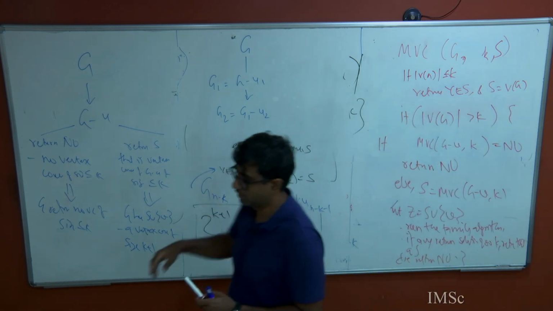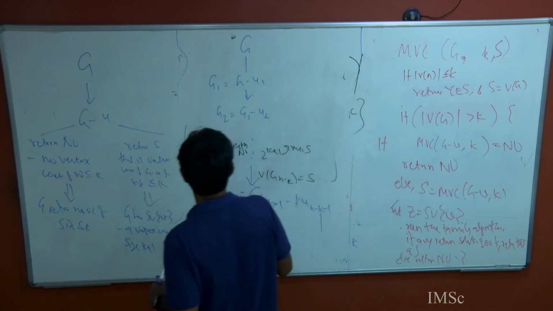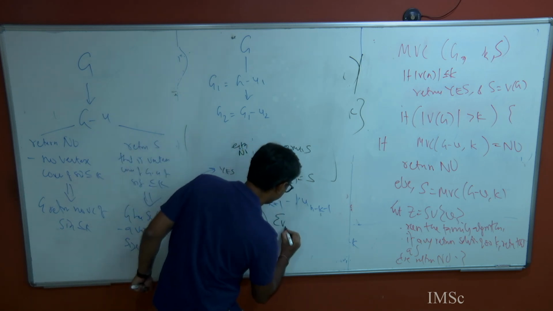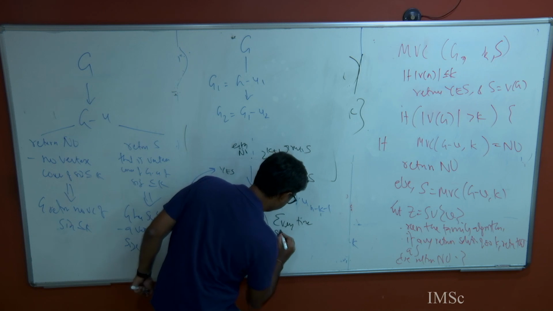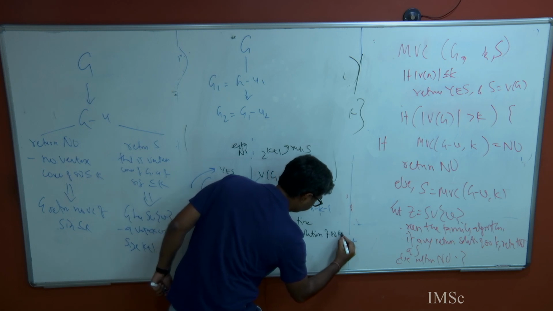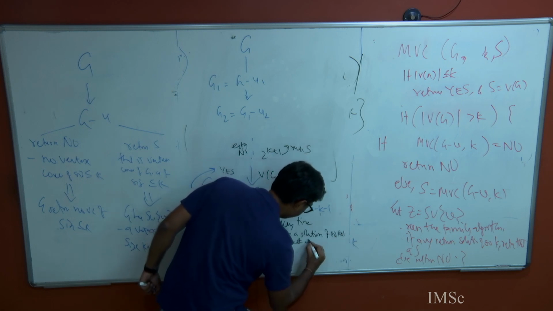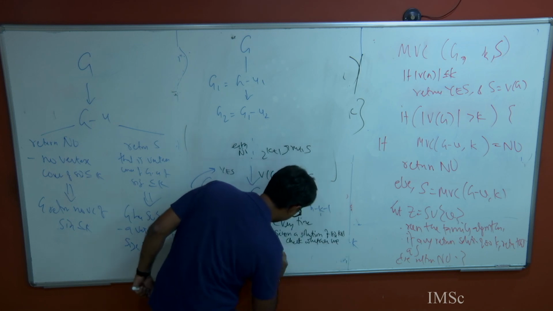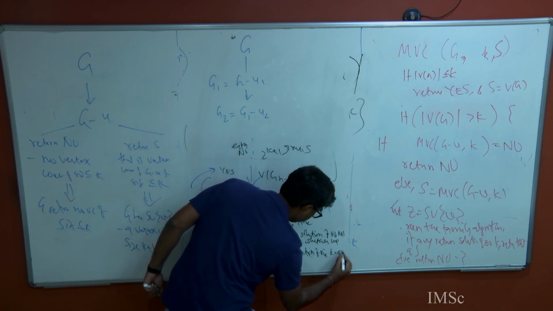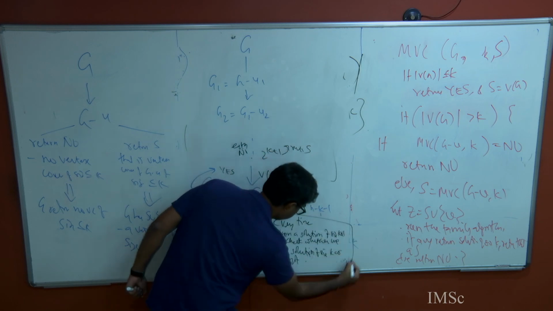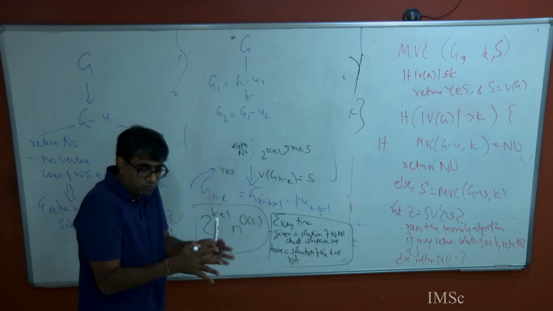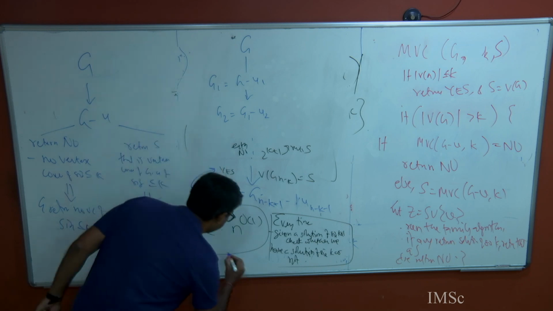So as a routine, every time, given a solution of size k plus 1, check whether we have a solution of size k or not. This is called the compression routine, because you are given a large solution, and you are trying to compress it, to see whether there is a smaller solution or not.